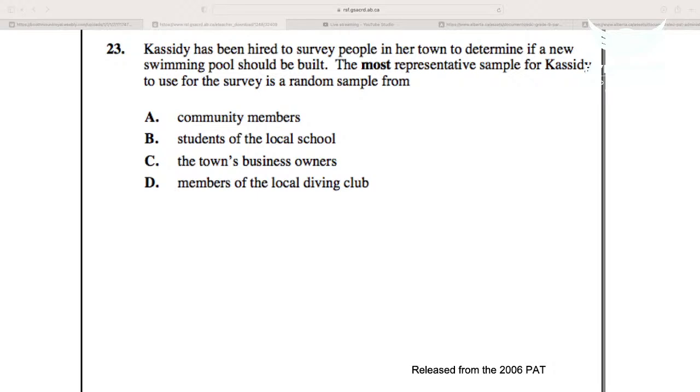So Cassidy has been hired to survey people in her town to determine if a new swimming pool should be built. The most representative sample for Cassidy to use for the survey is a random sample from. Okay, so now think for a second, what could be the possible answer here?